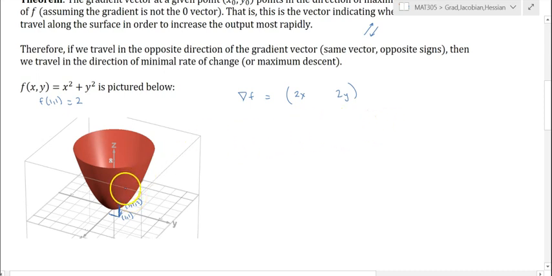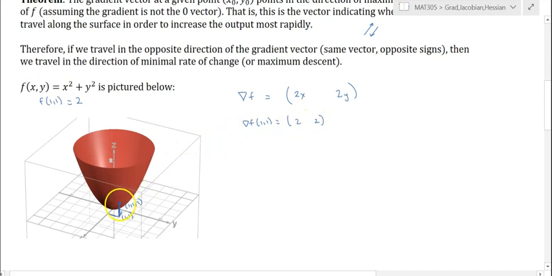Now we want to know at that point what is the rate of change. Well, the gradient of f at the point 1, 1 would be 2 times 1 is 2, 2 times 1 is 2. So that's a vector that has a change in the x direction of 2 units, a change in the y direction of 2 units. So where would we travel?